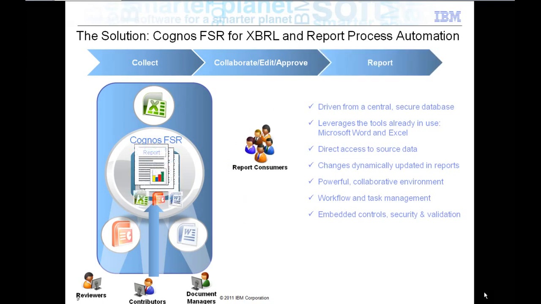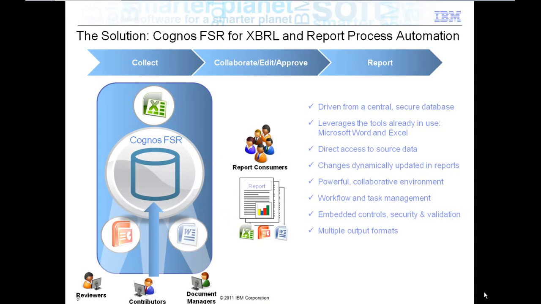And when it comes down to the actual report, as mentioned, there's going to be report consumers. And this is where your reports are going to be scrutinized both internally and externally. Cognos FSR supports multiple output formats, Excel, PowerPoint, Word, all coming from a single source of information, but the output formats don't stop there.